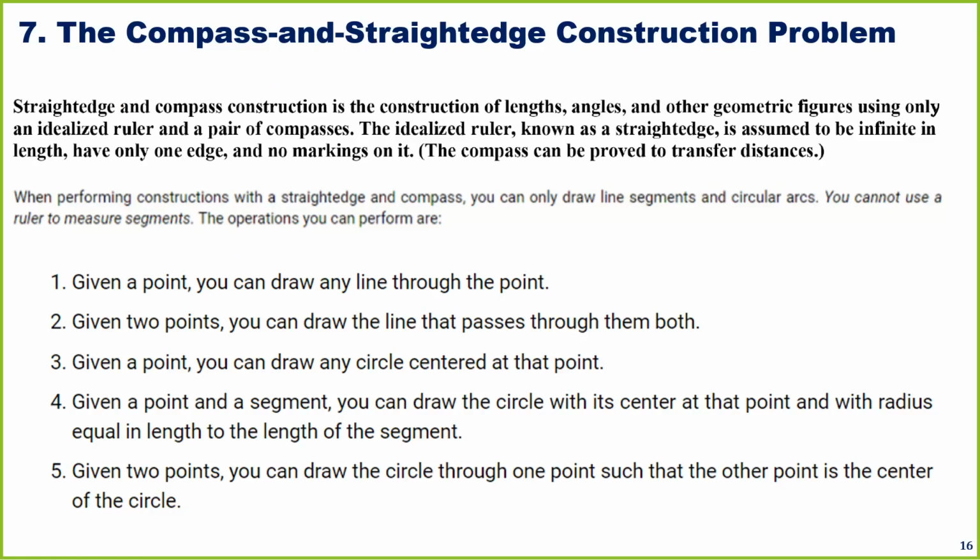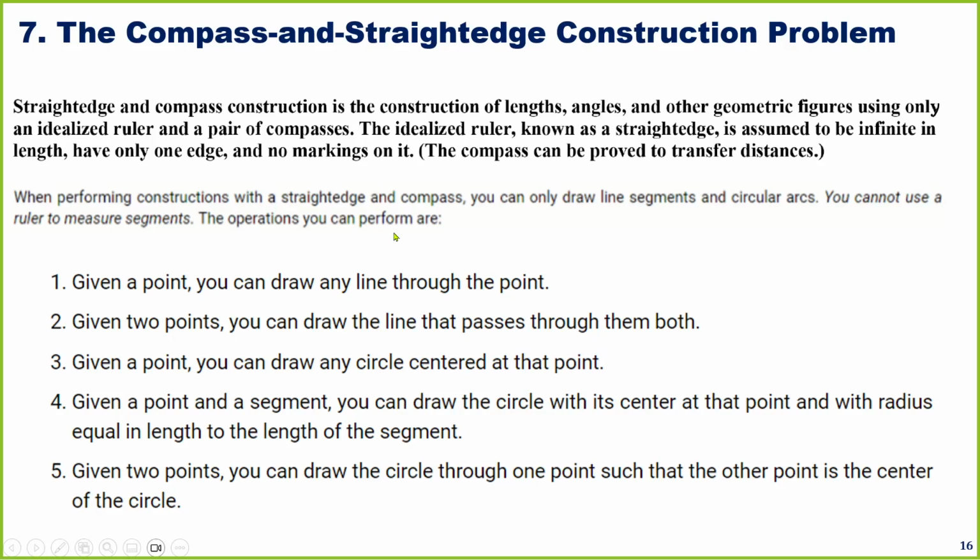Alright, so let's have a look at a concept called the compass-and-straightedge construction problem. This is a special problem in geometry. Straightedge and compass construction is the construction of lengths, angles, and other geometric figures using only an idealized ruler and a pair of compasses.